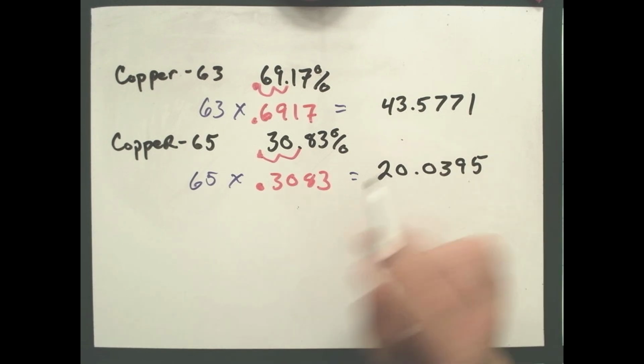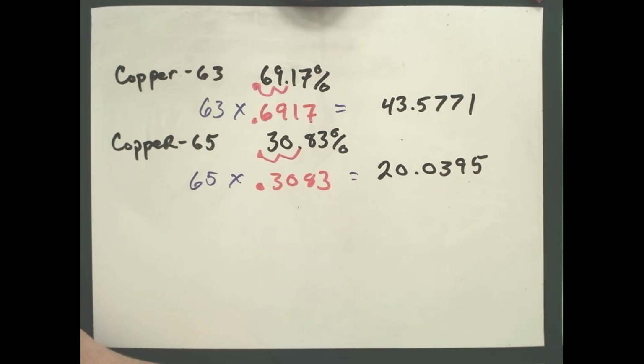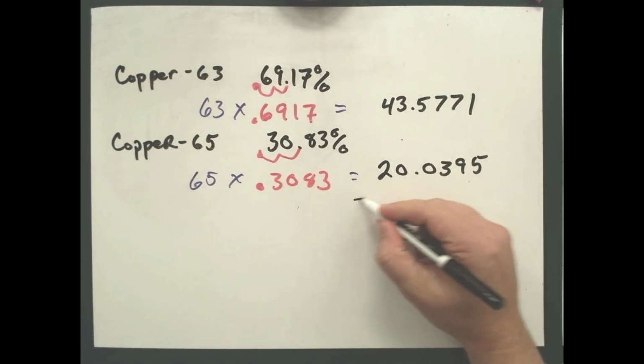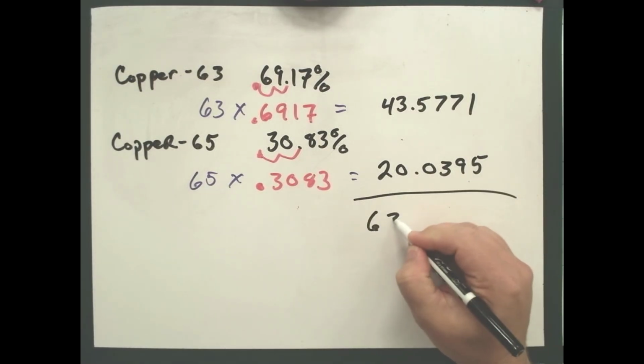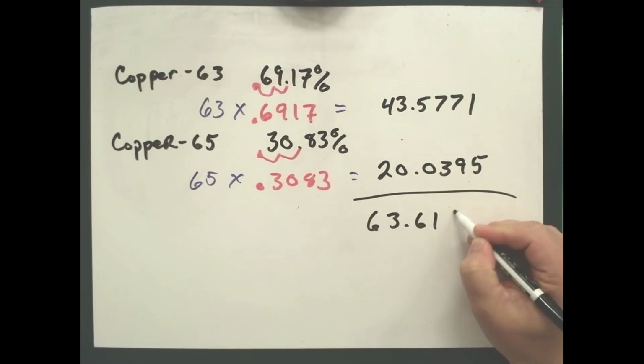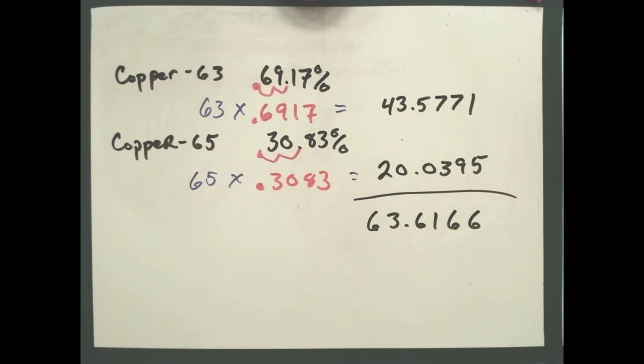So I'm simply going to take my 43.5771 plus 20.0395. I add those together and I get 63.6166. Then I want to round to 5 digits.